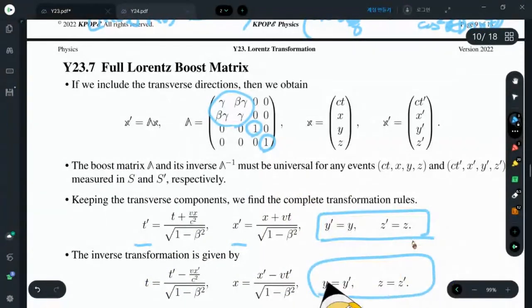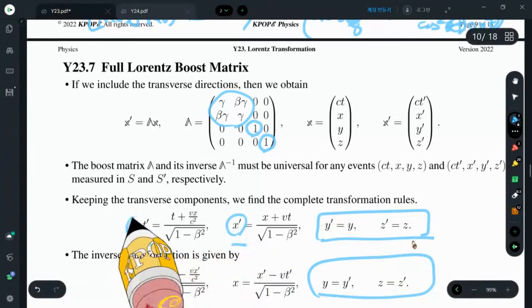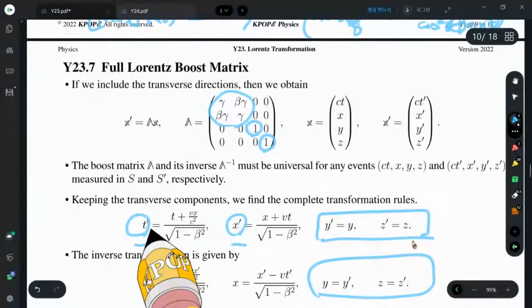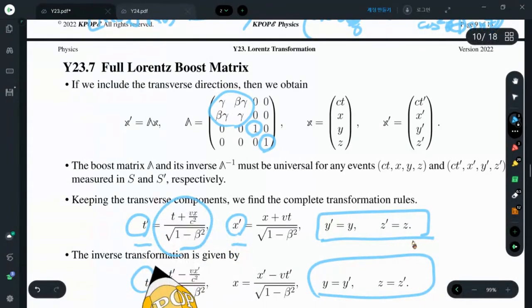These transverse components are invariant, and the longitudinal component and time vary. Time also varies. It is distinguished from the Galilean transformation that describes Newtonian mechanics. So time varies as well as the coordinate varies.